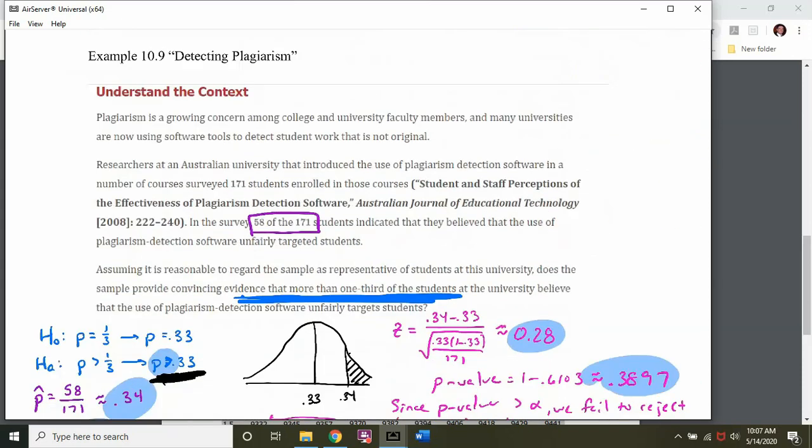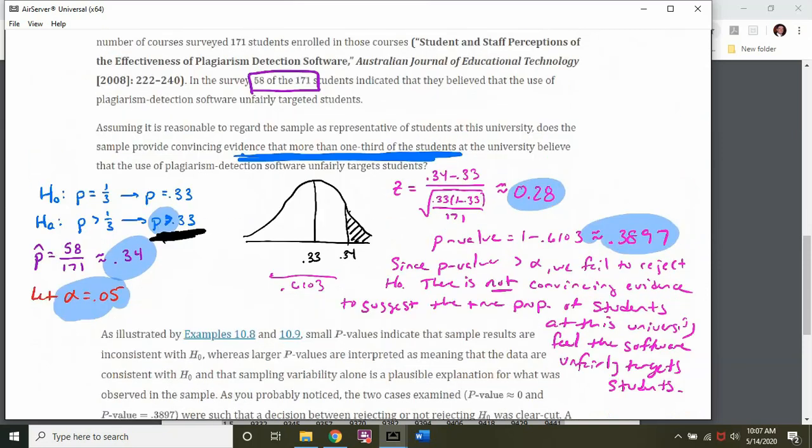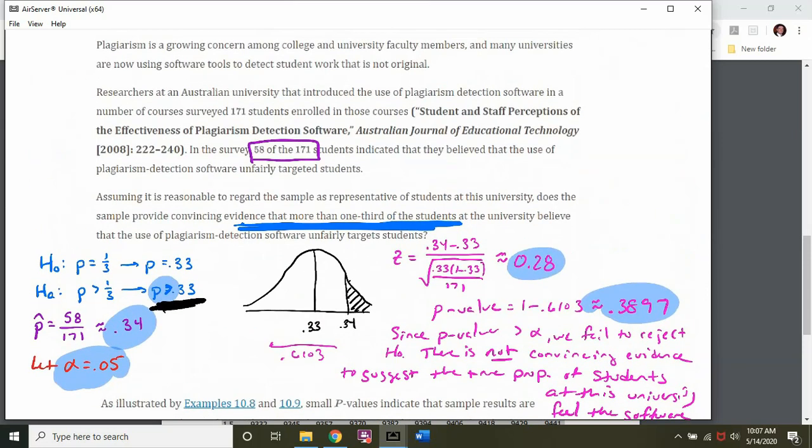Looking at this next one on the calculator, again we're going to go stat, tests, and number 5. For P0 for this, we used 0.3. Here we can actually do 1 over 3, to make it a little more accurate. So I'm going to punch that in.